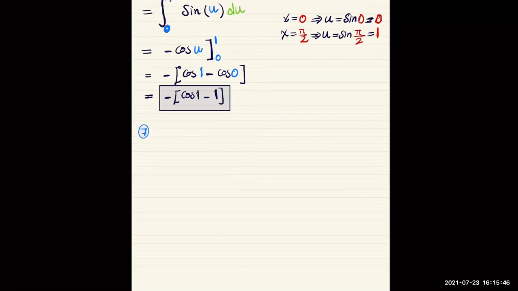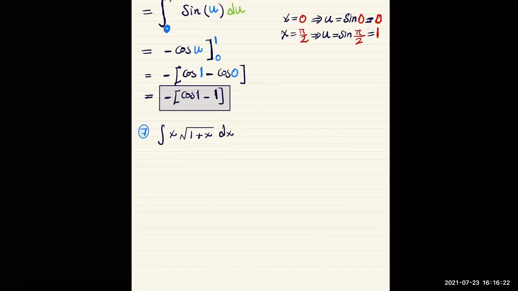Let's say we have the antiderivative of, I'll just make something up, the antiderivative of x times the square root of 1 plus x.